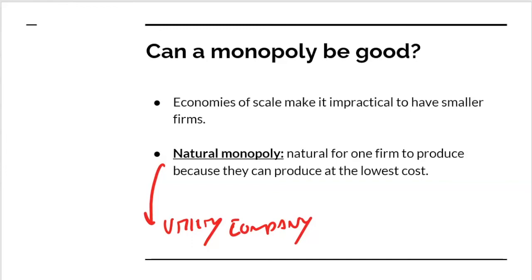Providing power to the 1,000,000th home is less expensive than that, because you already have the infrastructure and all the pipes and the wires just already laid out. Because of that, we have economies of scale, which makes it a natural monopoly. It is natural for one firm to produce because only they can produce at the lowest possible cost. So in this sense, monopolies can be good.